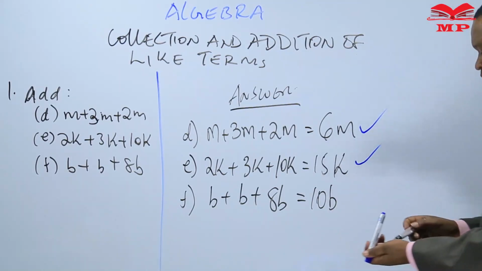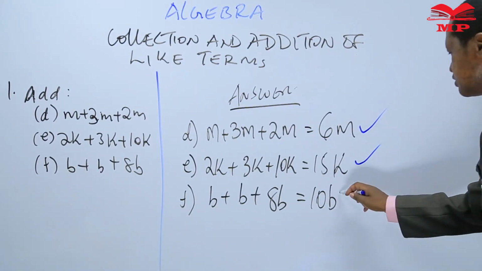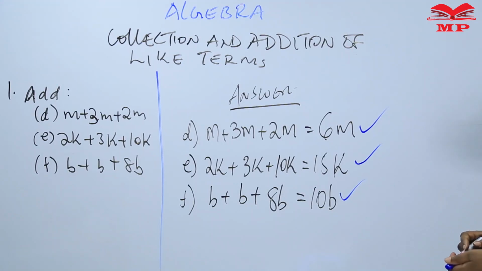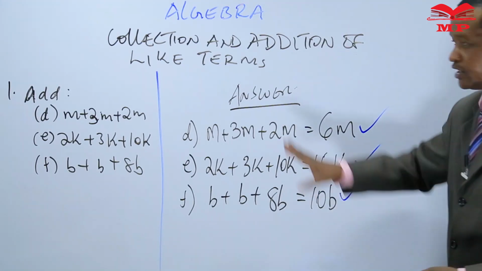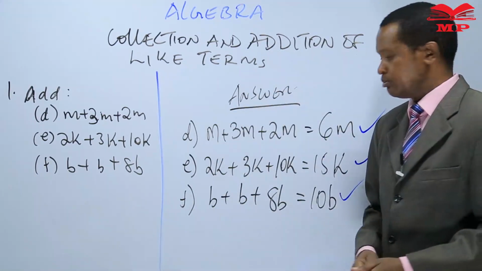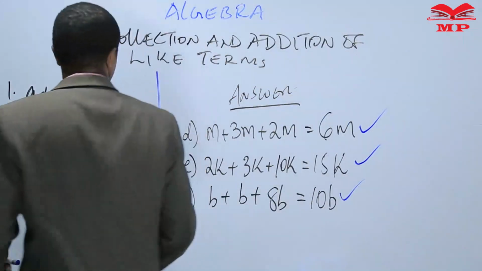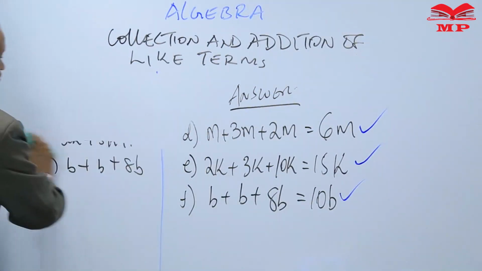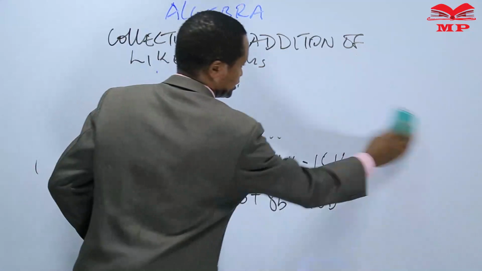So if you got 10B, you can mark correct. So that was your assignment, which we have done together here on the board.